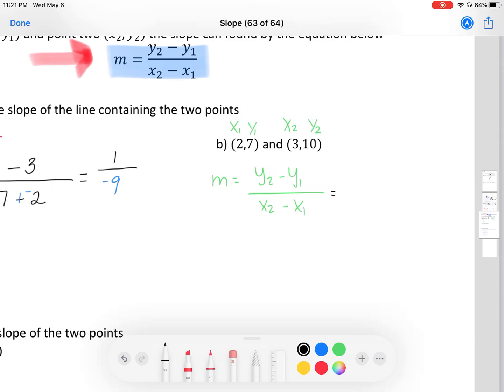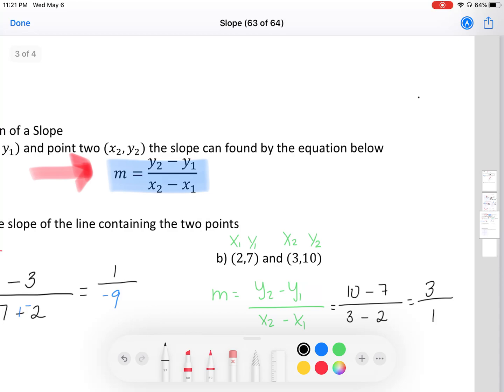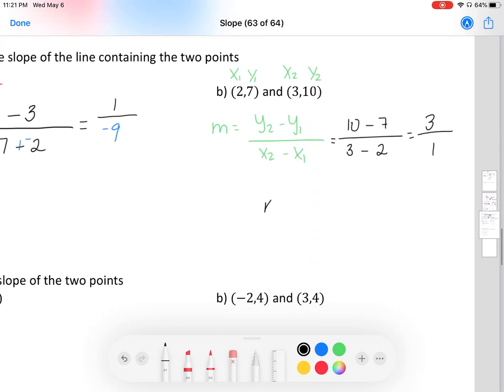So y2 is 10, y1 is 7, x2 is 3 minus x1 is 2. 10 minus 7 is 3, and 3 minus 2, we get 1. So we have a slope of 3 over 1, we get 3. That's our slope, our m.